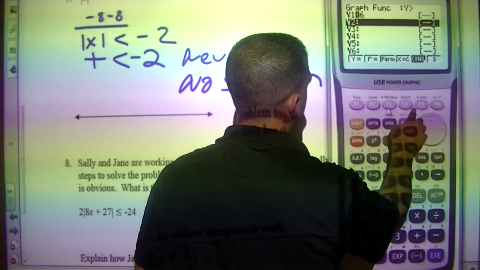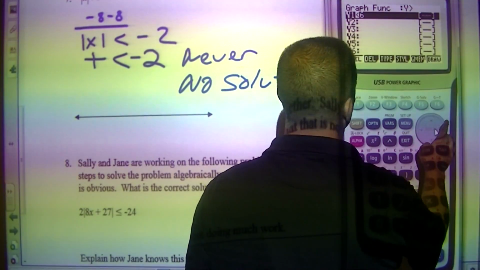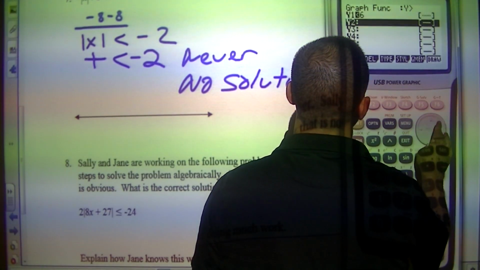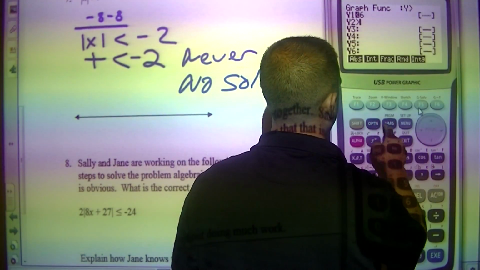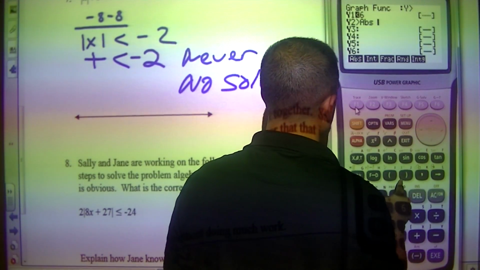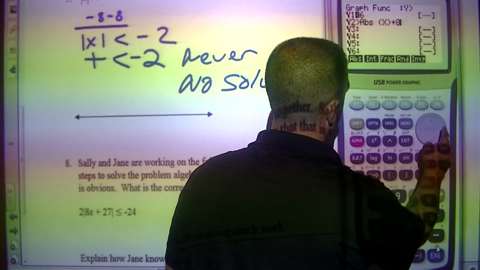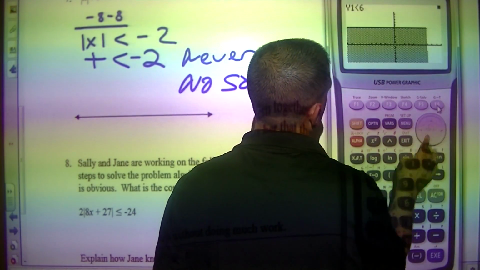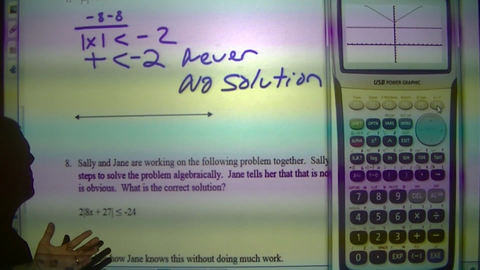So type inequality should have been going that way. Let's do Option, Num, ABS, x, plus 8, and draw. Once again, you see no intersection there at all.